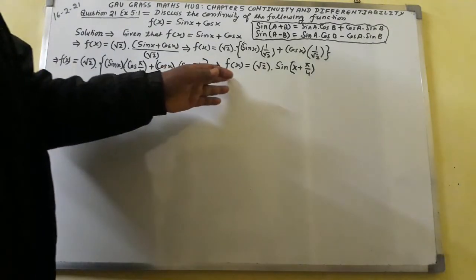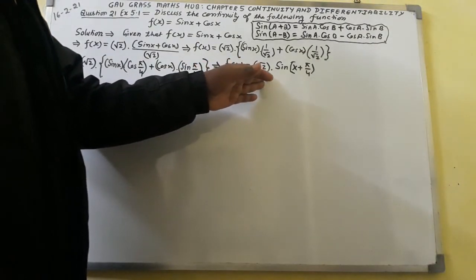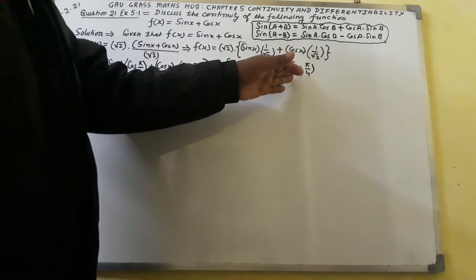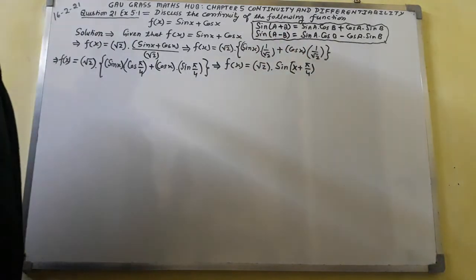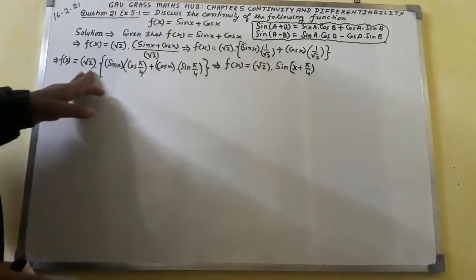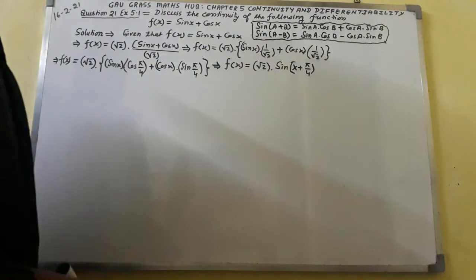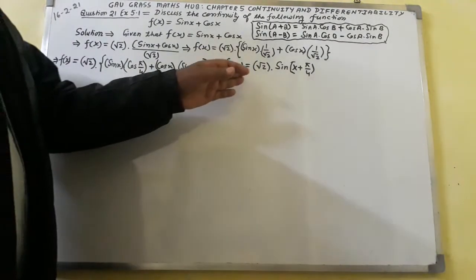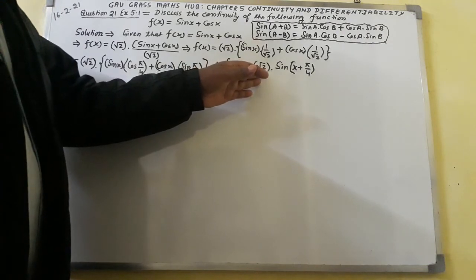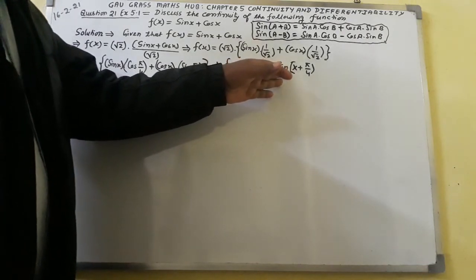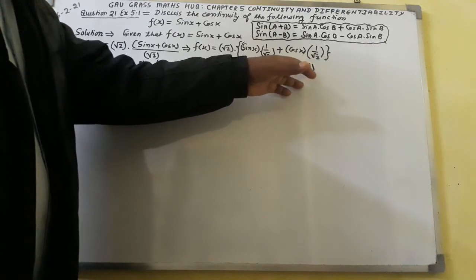So f of x is equal to under root 2 dot sin x plus pi by 4.